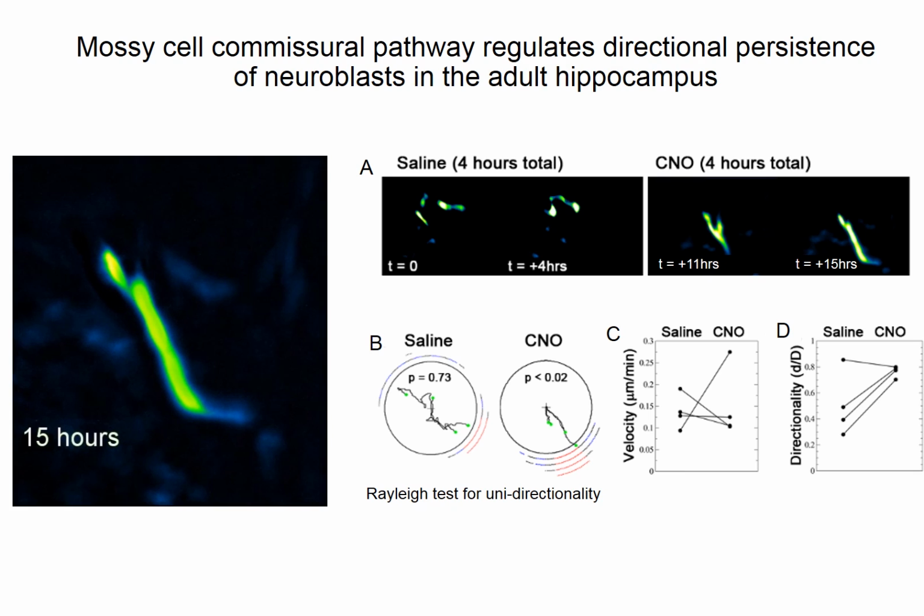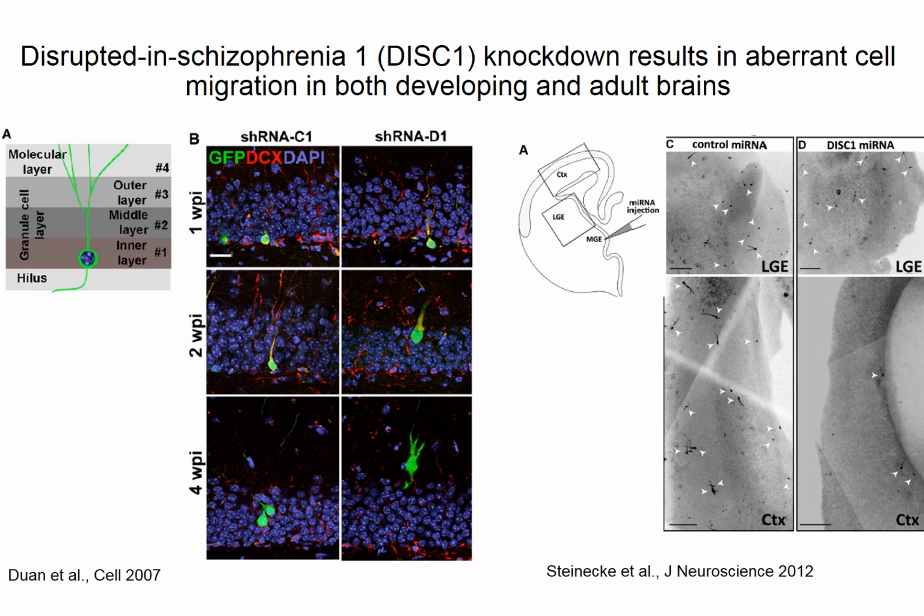And the next aspect we examine is whether this system is amenable to genetic manipulation. So we want to manipulate the intrinsic factors. We chose the gene DISC1 as a point of entry because this gene is involved in migration in the adult stage and also in the embryonic stage.